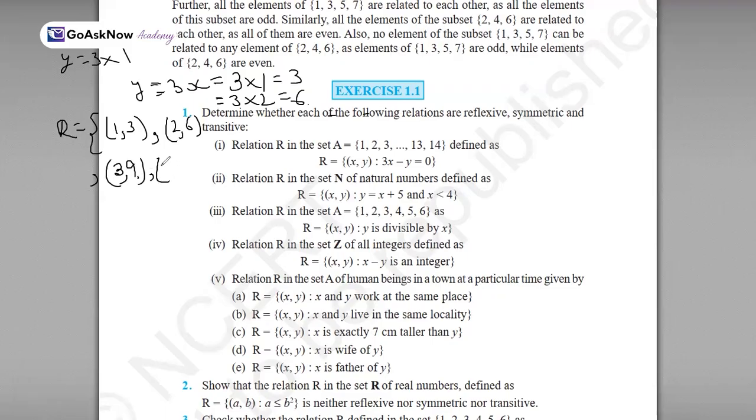Similarly, if I have 4, y will be 12, 3 times. And so on is the relation.